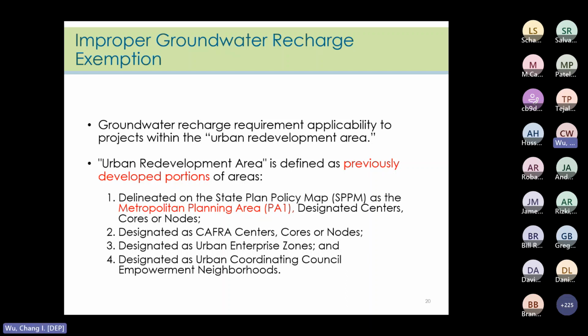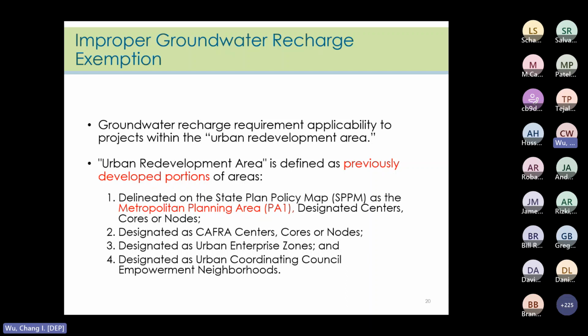The rules state that the groundwater recharge requirement does not apply to projects within the urban redevelopment area. The urban redevelopment area is defined as a previously developed portion of the area delineated on the State Plan Policy Map as planning area 1.